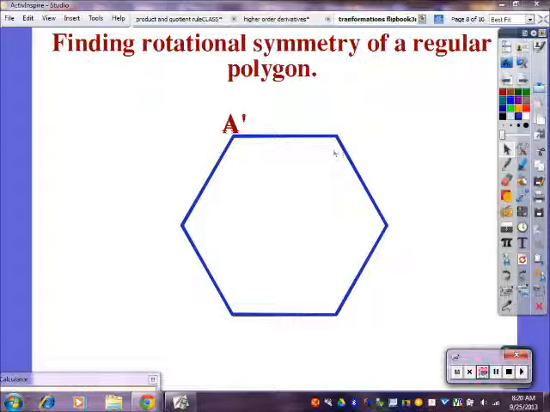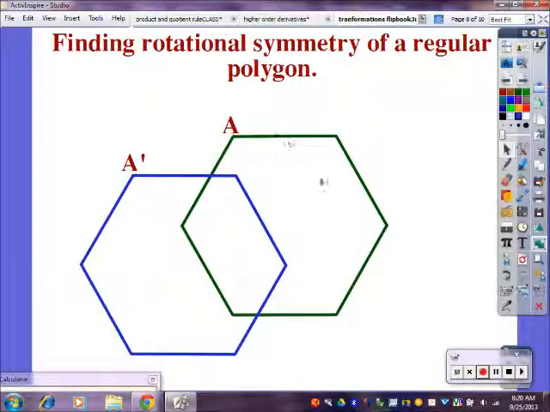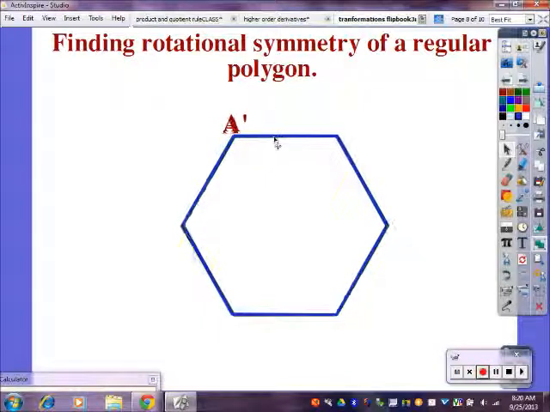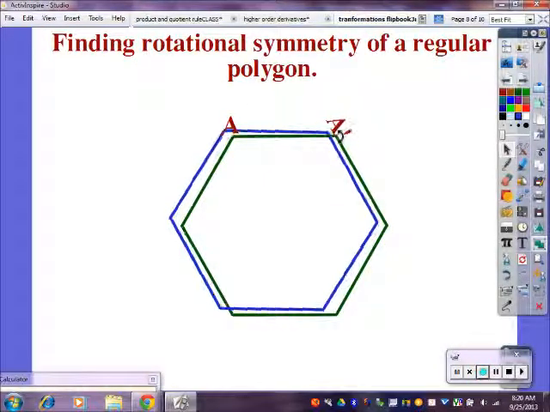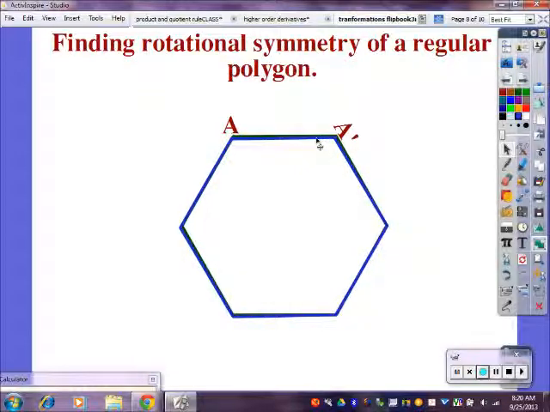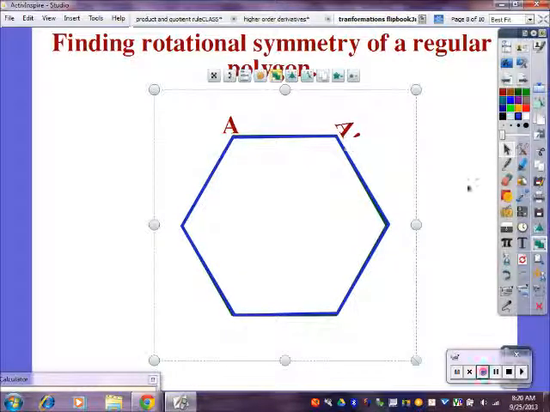So what I have here is my image, the green hexagon, and I know it's the pre-image because it doesn't have a prime symbol. And then the blue hexagon would be my image because it has the prime symbol. So according to this definition, if I can map my image onto my pre-image and then rotate it about a point, so let's rotate it about the center of the hexagon, so that the image and the pre-image are indistinguishable.